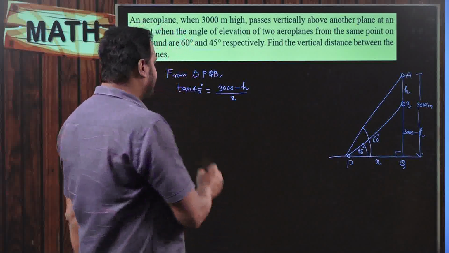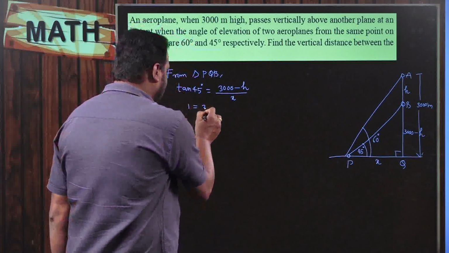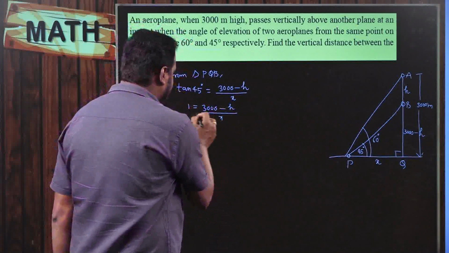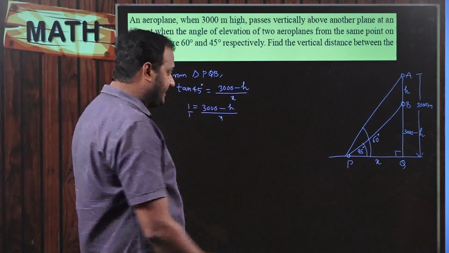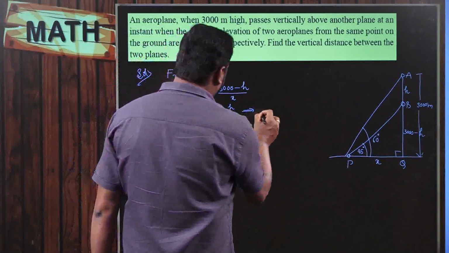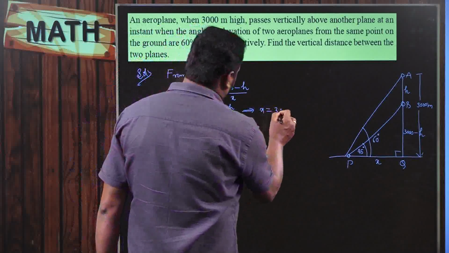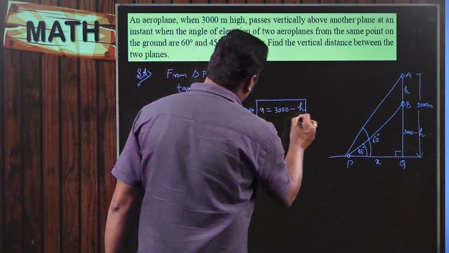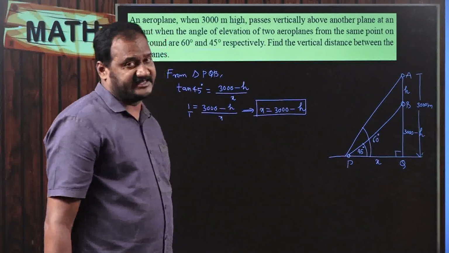What is the value of tan 45? 1 is equal to (3000 minus h) divided by x. So 1 divided by 1. By cross multiplication, I will get x is equal to 3000 minus h. This is one relation between x as well as h.